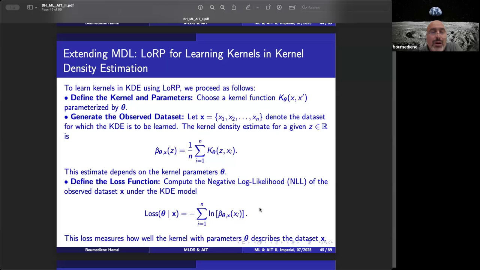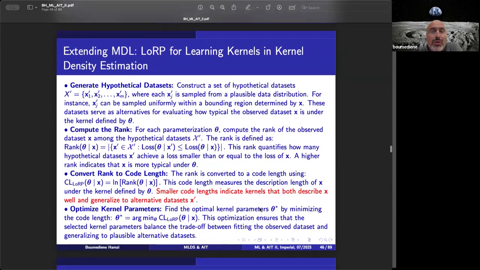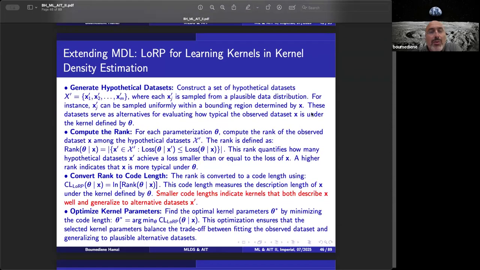This loss measures how well the kernel with parameters theta describes the data set. Then we generate a hypothetical data set X prime, which in our experiments we just choose to be uniformly sampled. And then we compute the rank.